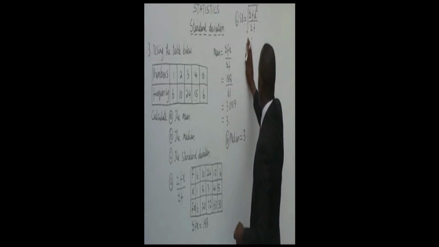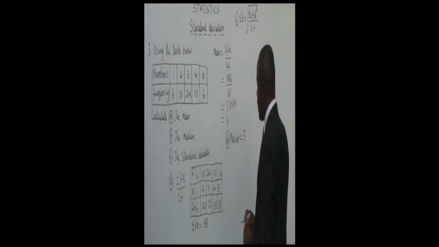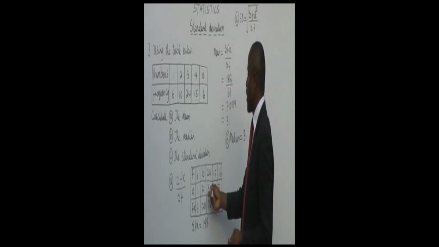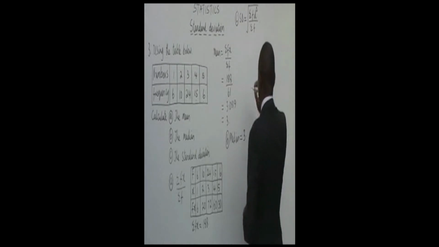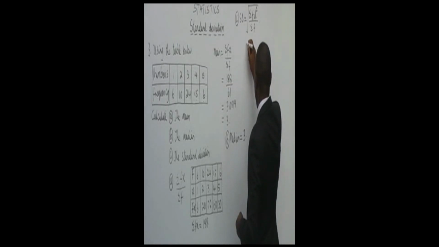Okay, we are going to create a sub-table, just like we did here to calculate the mean. We are going to create a sub-table where we are going to extract the values we substitute for our standard deviation. So the table is going to take this form.